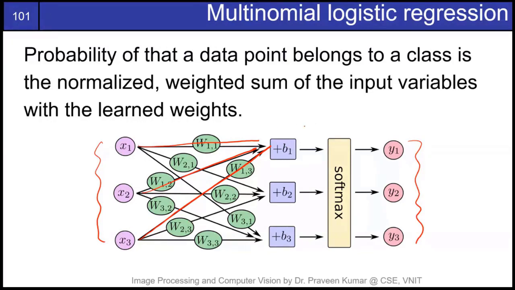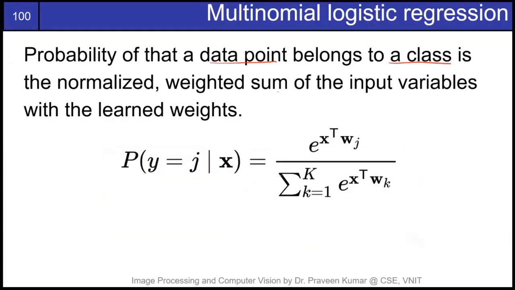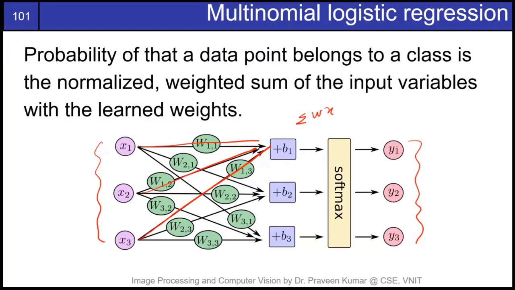Each of them is multiplied, and then you apply the softmax function from the previous slide. You get the output score, which is a normalized output score, and then you predict the class label.